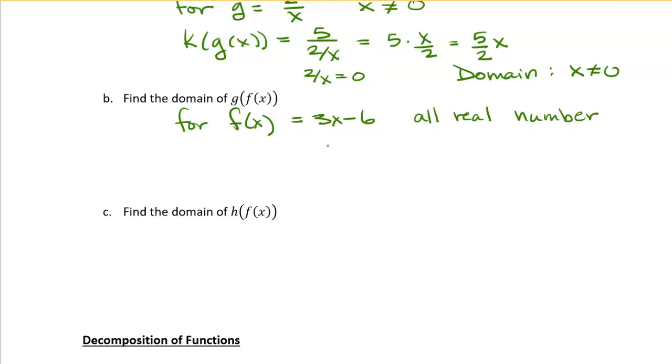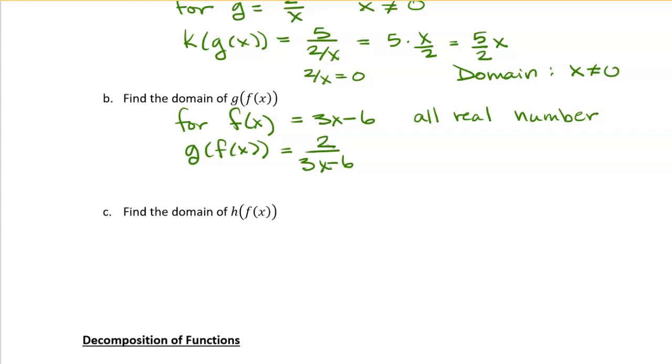Now let's look at g of f of x. We're going to take the g of x function, which is 2 over x, but we're going to feed in f of x, which is 3x minus 6. That's what our composition looks like.